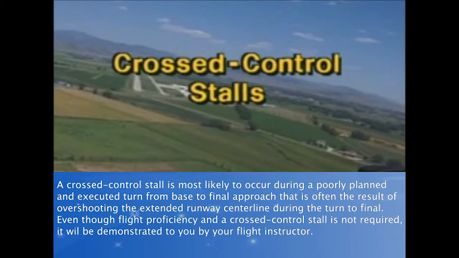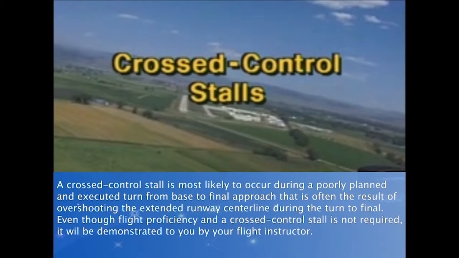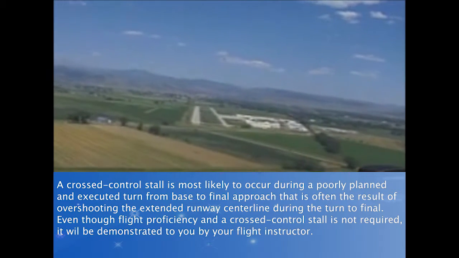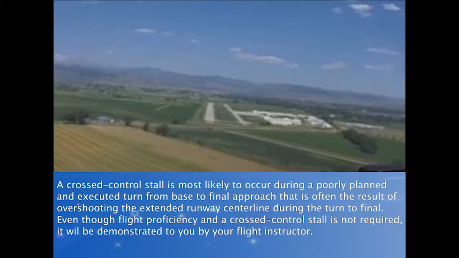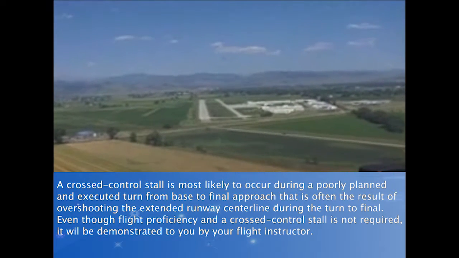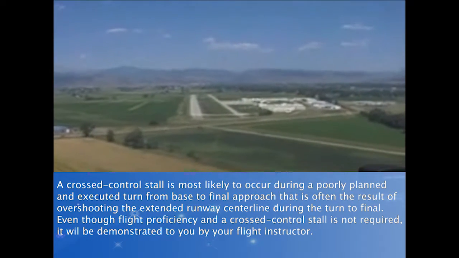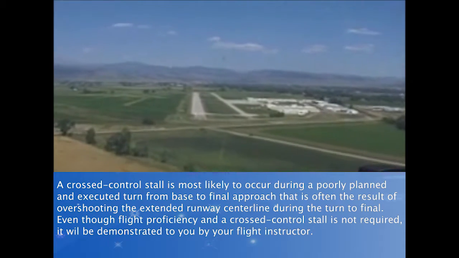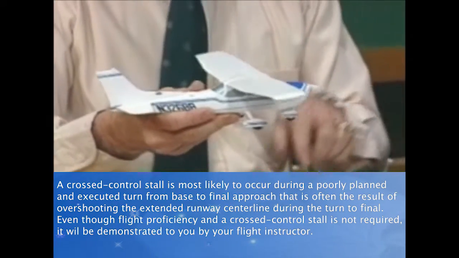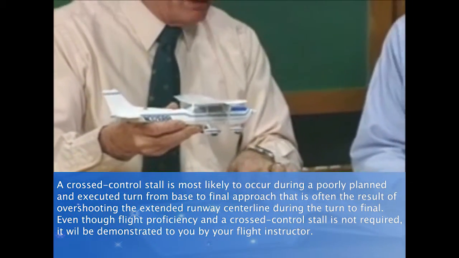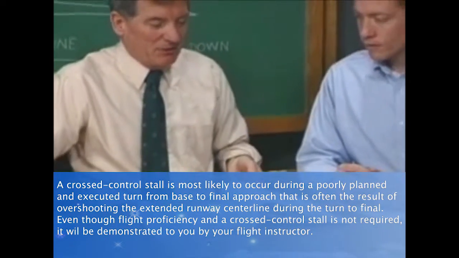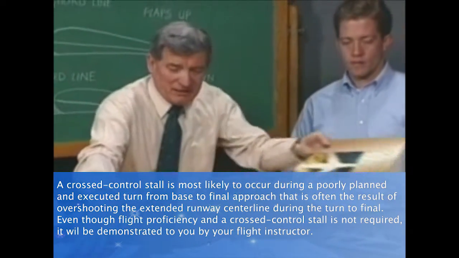A crossed control stall is most likely to occur during a poorly planned and executed turn from base to final approach, and is often the result of overshooting the extended runway centerline during the turn to final. Even though flight proficiency in a crossed control stall is not required, it will be demonstrated to you by your flight instructor.